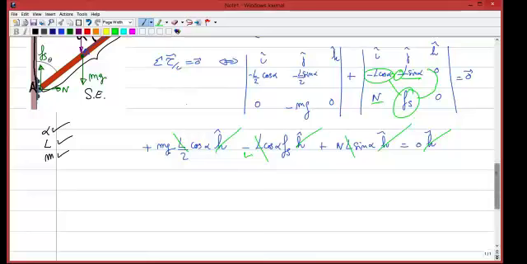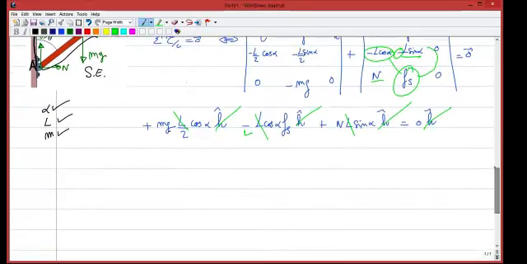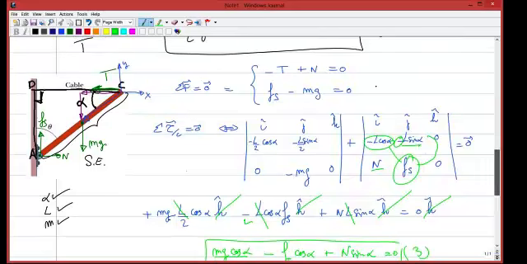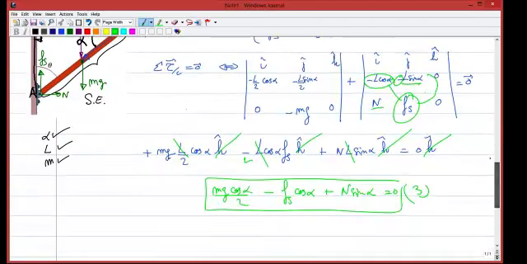So really, we didn't even care about the length L. What we have left is mg cosine alpha divided by 2 minus Fs cosine alpha plus N sin alpha. That's our third equation. So again, we're back to a 3 by 3.